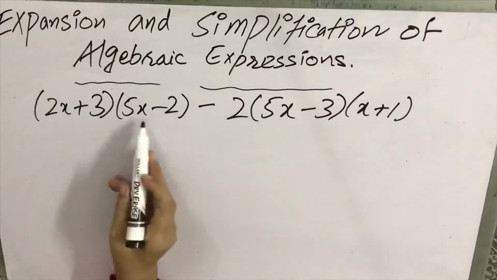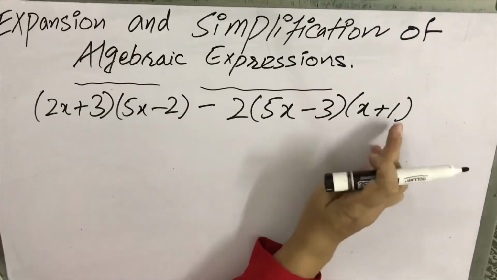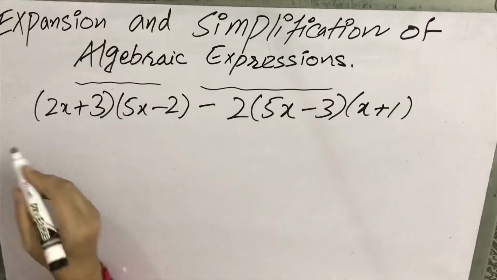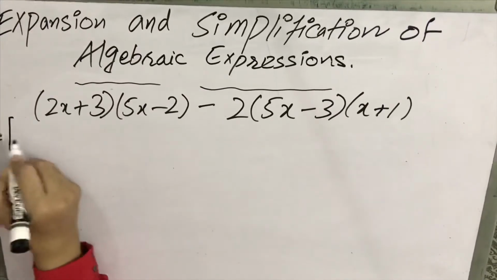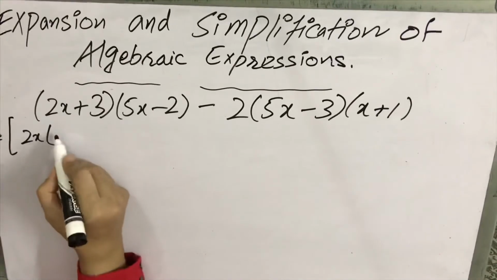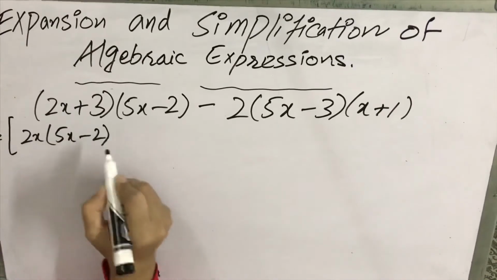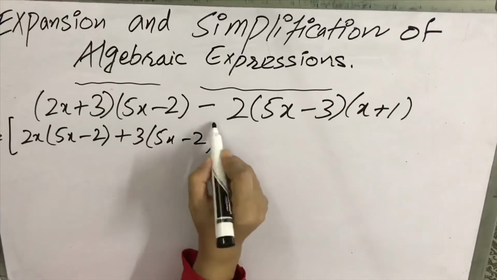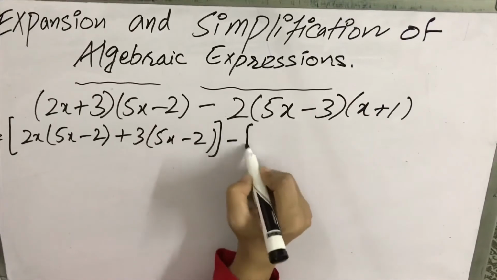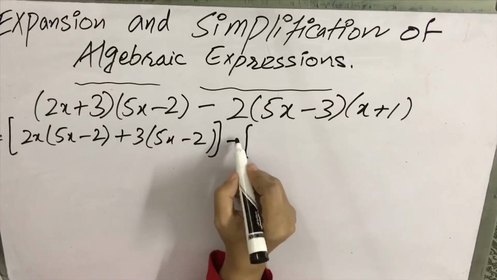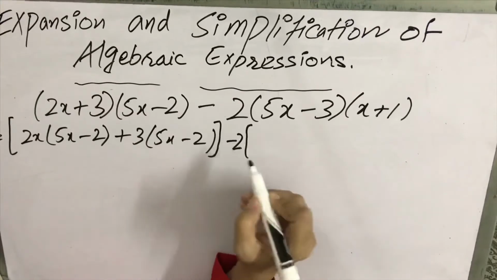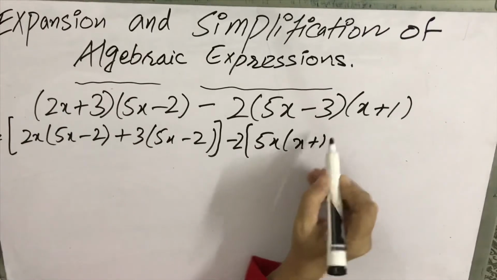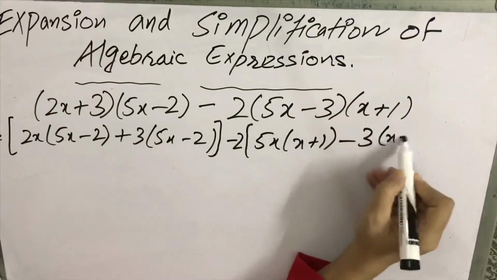Another question with 2 pairs of brackets, but this question has an additional 2 with these 2 brackets. Okay, the same method. I shall take this 2x inside 5x minus 2 plus 3 bracket 5x minus 2 square bracket close. Now this minus 2, I would recommend you to put this minus 2 outside and open these two. 5x bracket x plus 1 minus 3 bracket x plus 1.